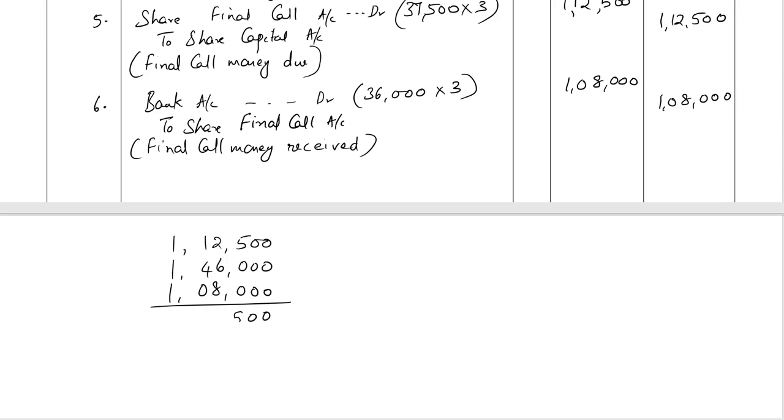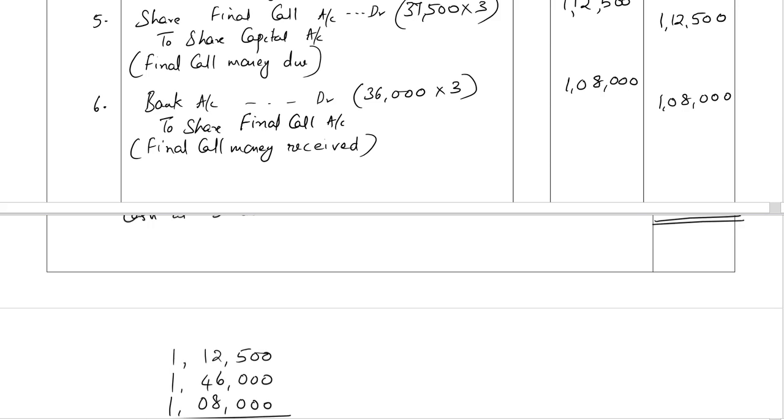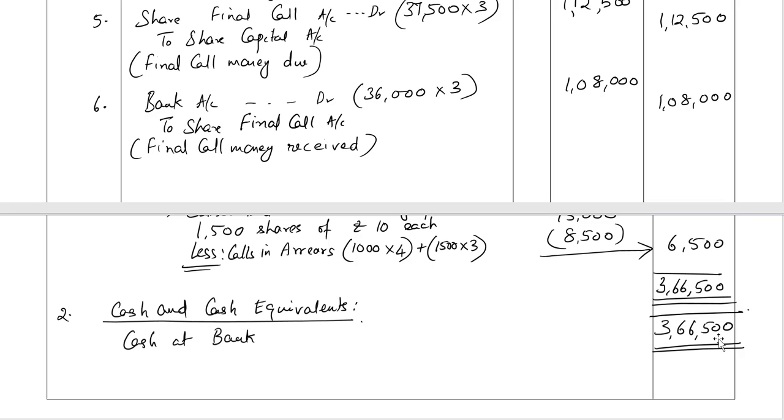So on totaling, we get 3,66,500 rupees, which is the amount of cash at bank which we arrived at from the share capital amount. So this is one way of checking whether the balance sheet is correct.